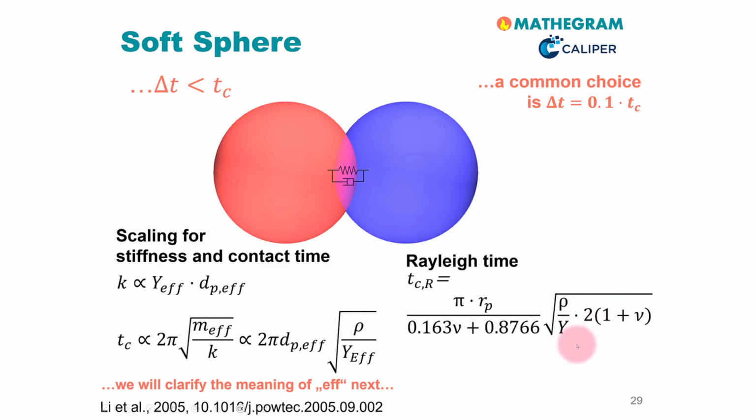This is also an important equation, but again the important information is that this collisional time scale, and hence the time step, is proportional to the square root of the density divided by the Young's modulus. Okay. The prefactor here is related to the particle size, so Rp is the particle radius, here dp is the particle diameter, right? So you see, the smaller the particles, the smaller this time scale, the smaller the time step has to be. This is a very important thing.